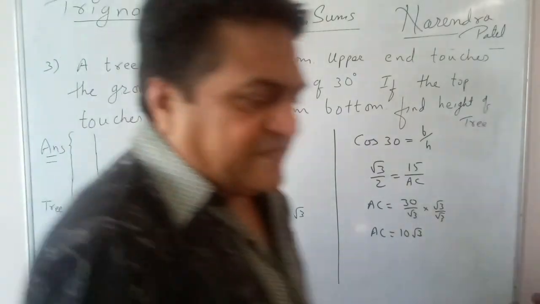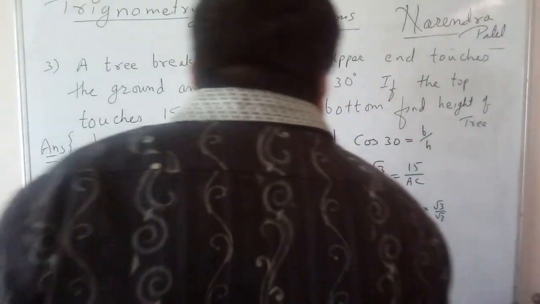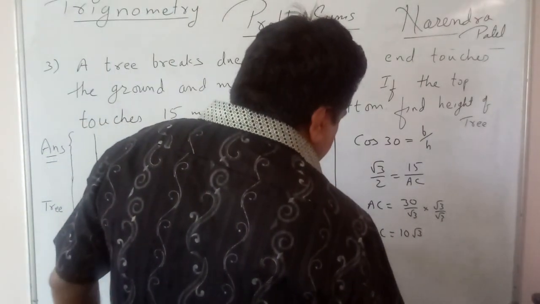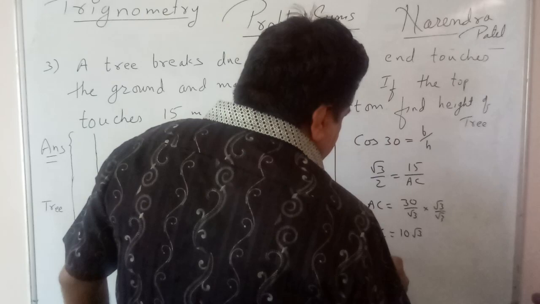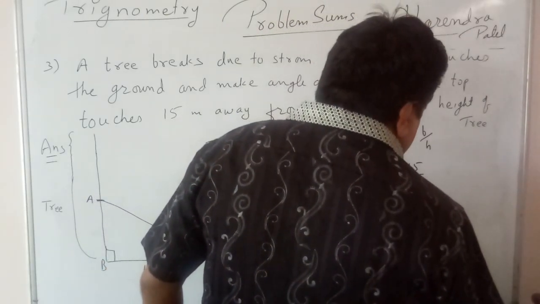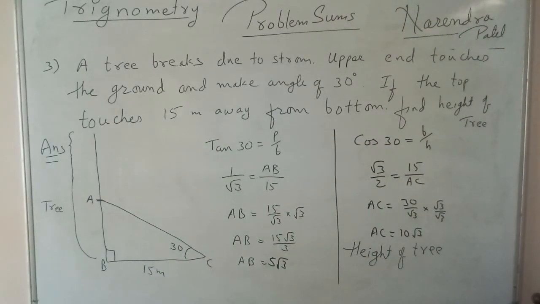Now see what we have done. For finding the whole height of the tree, we have to add AC and AB. See in the figure, AB and AC.